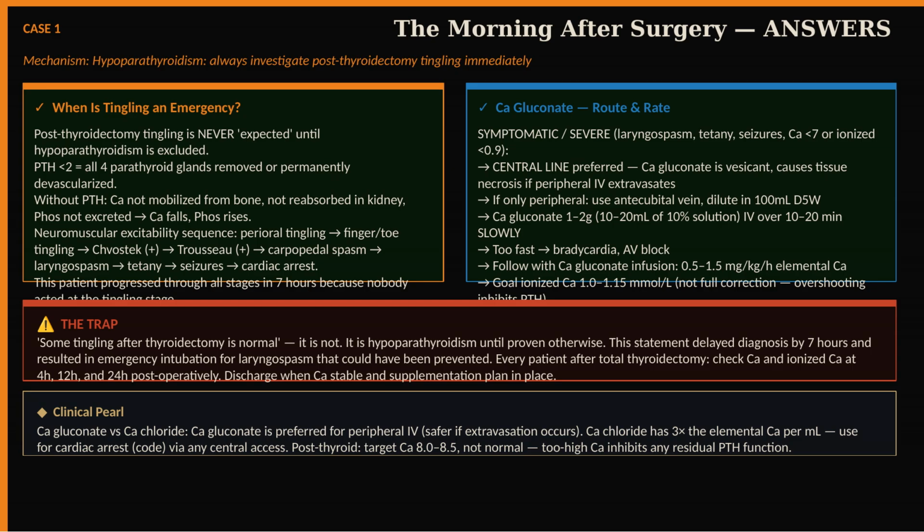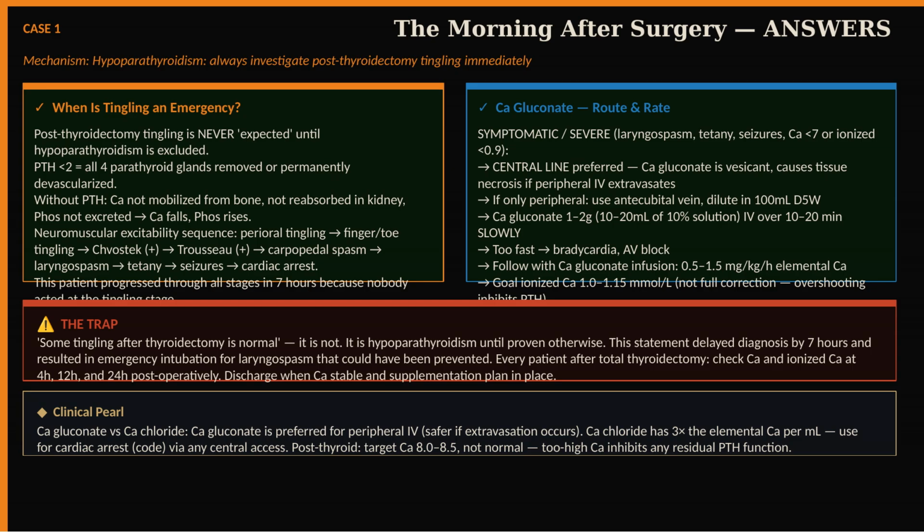Give 1 to 2 grams over 10 to 20 minutes, slowly, because too fast causes bradycardia and AV block. Then follow with an infusion. And aim for an ionized of about 1.0 to 1.15, not full correction, because overshooting shuts down any residual PTH.